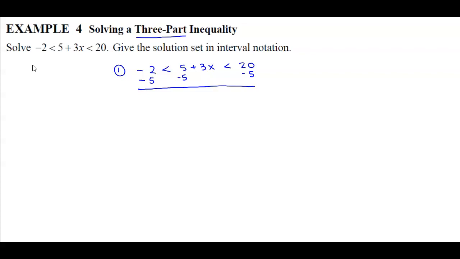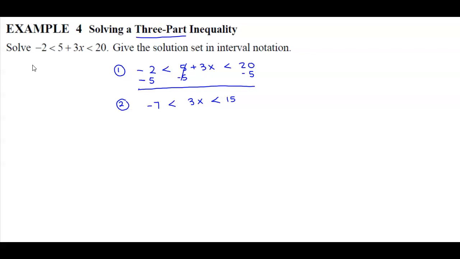So -2 minus 5 gives you -7. The 5 eliminates in the middle, and what's left is 3x. On the right side, 20 minus 5 gives you 15. Now the next step is to divide everything by 3.